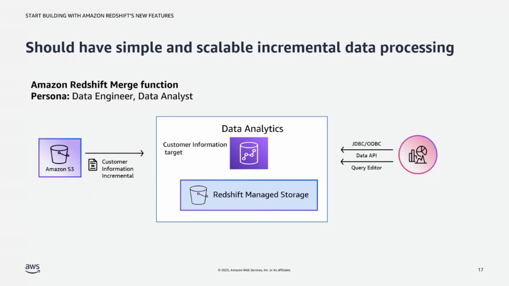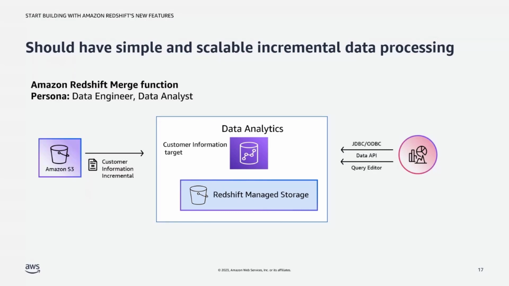So for incremental data processing, when the incremental data comes, you have the need to compare it to the data which you already have in your data warehouse. Based on the condition, you need to take appropriate action based on your business rules, whether you want to insert, whether you want to update existing fields, or you want to delete existing records.